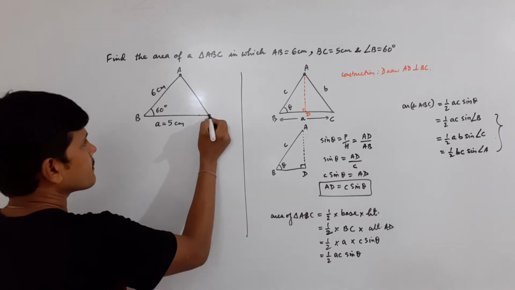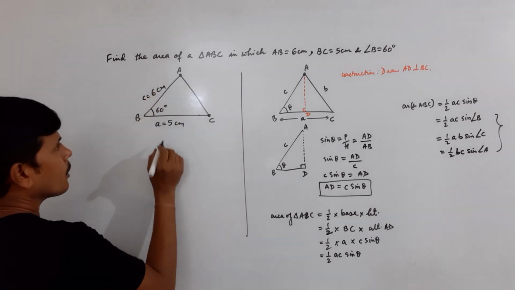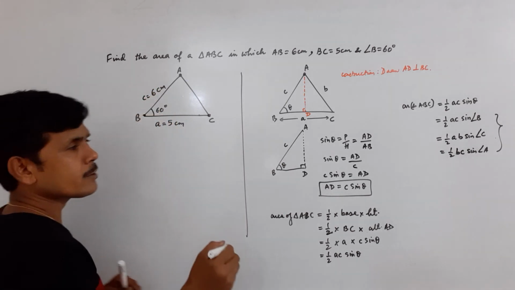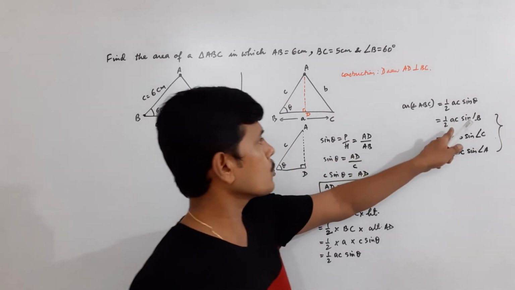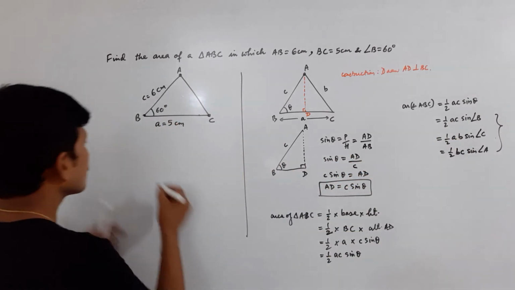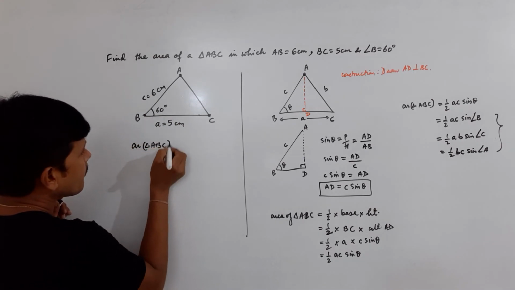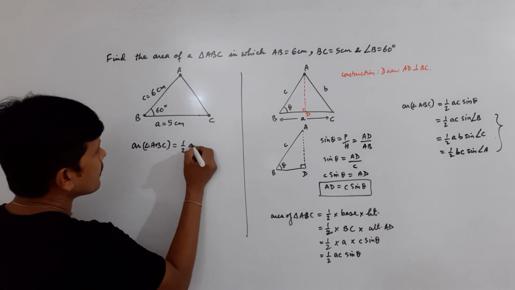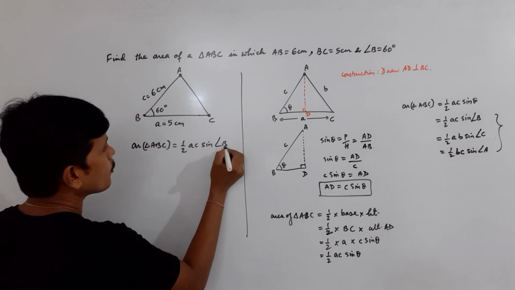Now this is vertex C, so this is equal to small c. And this is angle B. So which formula am I going to use? I have a, I have c, so I am going to use this one. So area of triangle ABC is equal to half times a c into sine of angle B.